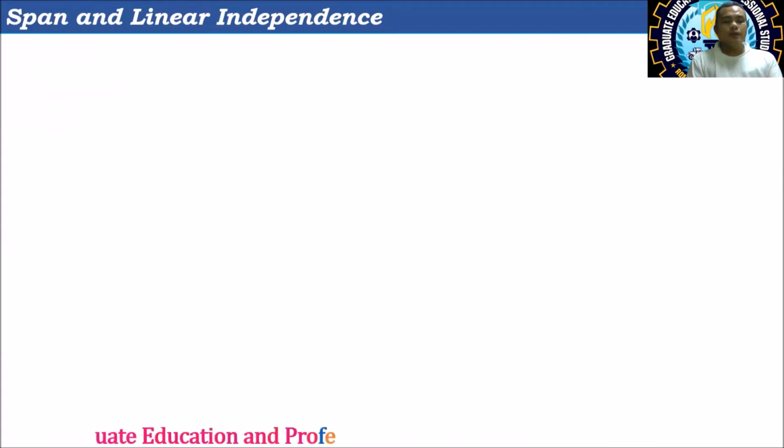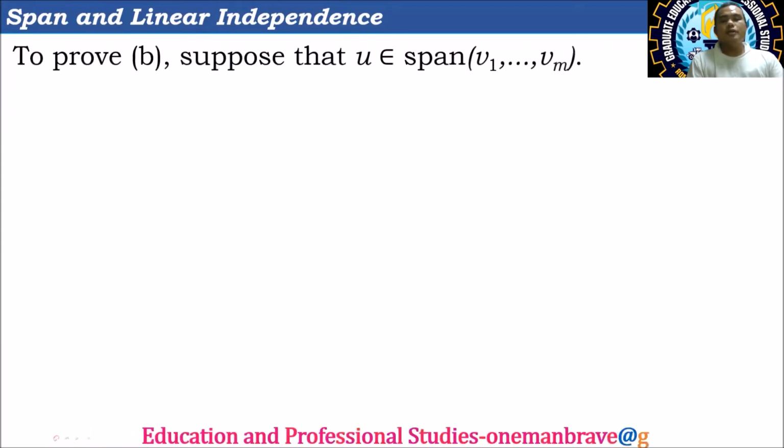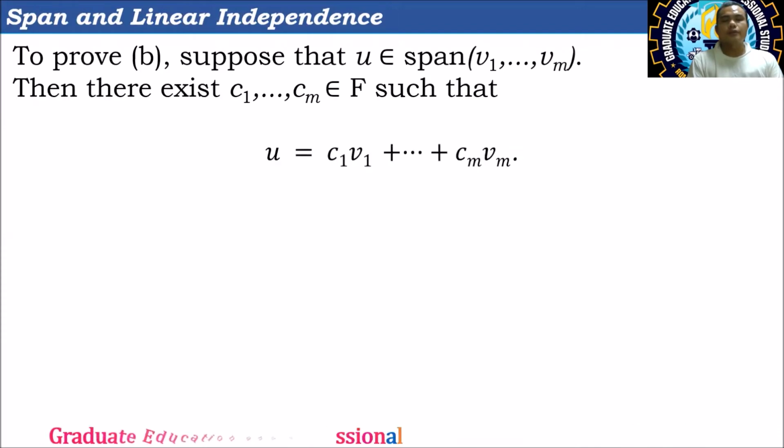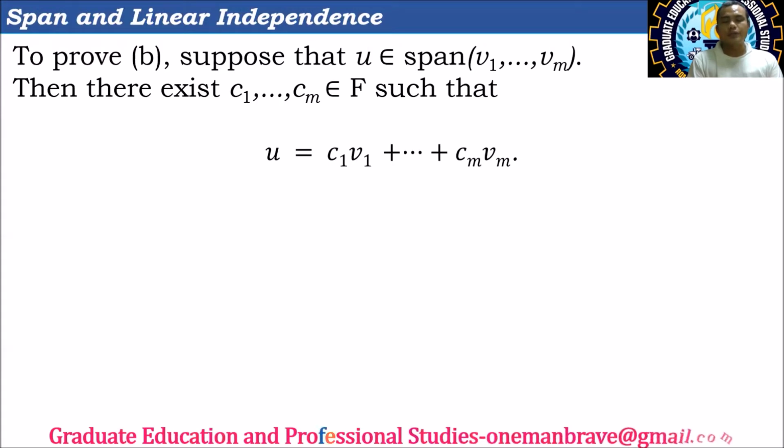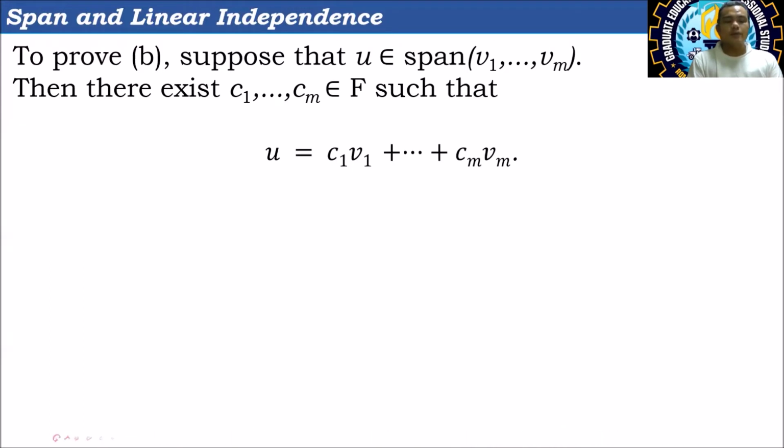Now, we go to prove B. Suppose that u is an element of the span of v1 to vm. Then there exist c1 to cm, which are elements of F, such that u is the linear combination, the sum of ci vi.